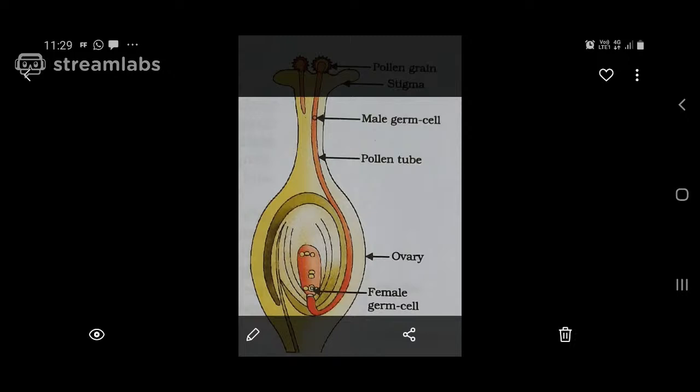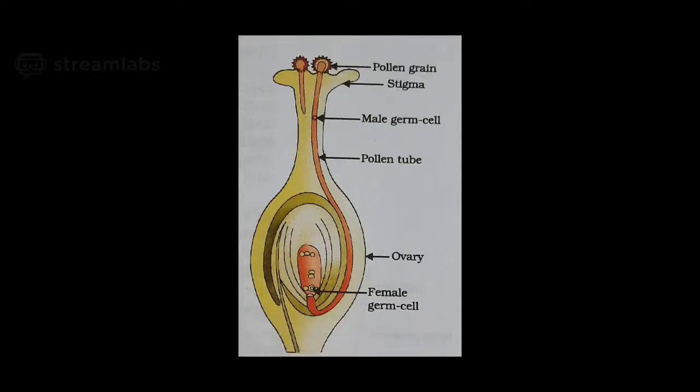This is known as fertilization. What is fertilization? The fusion of male and female gametes to form a zygote is known as fertilization.